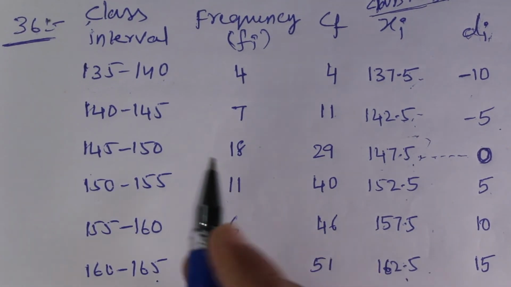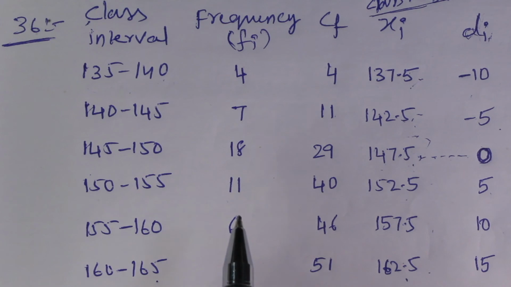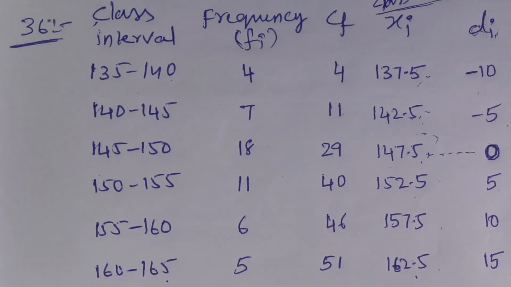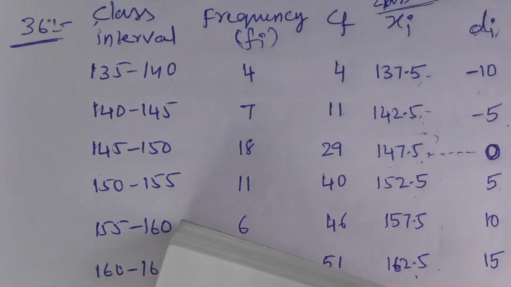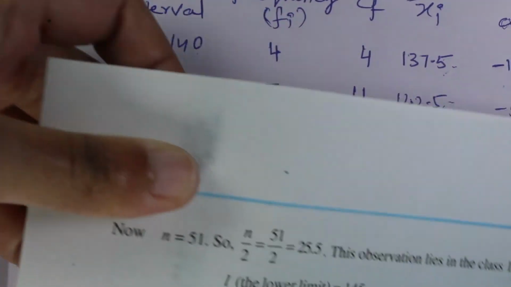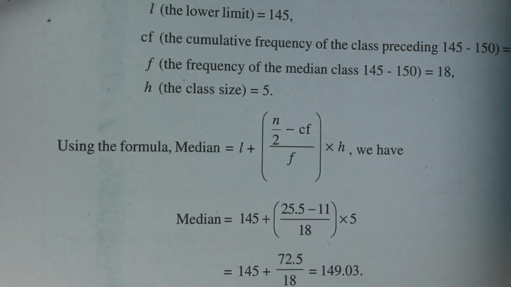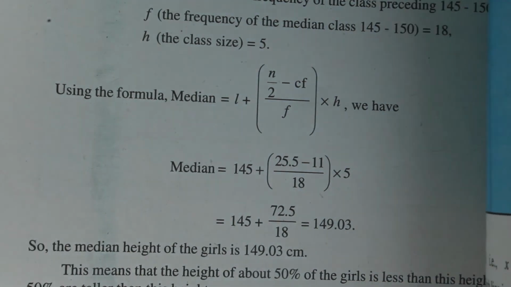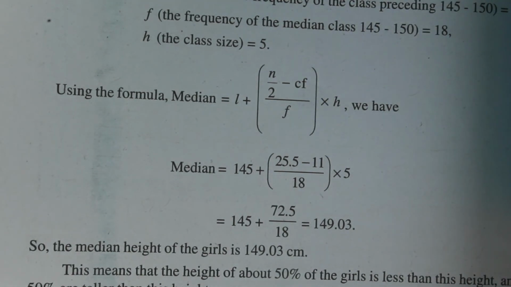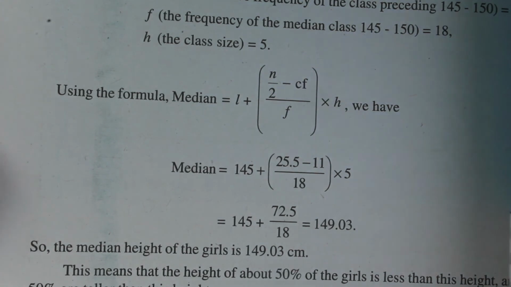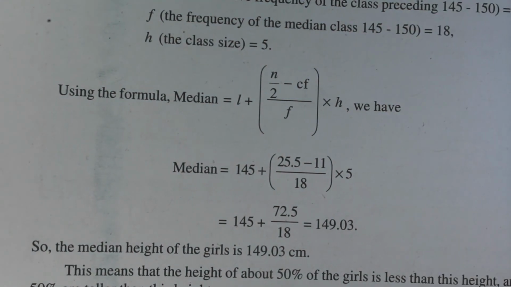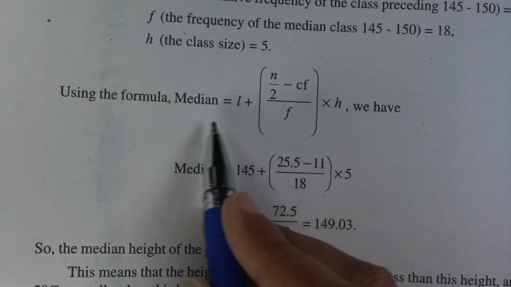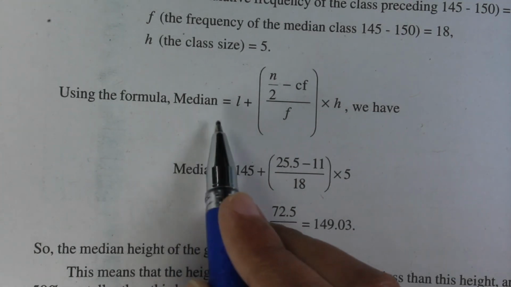Now the formula for calculating the median is L plus ((n by 2 minus Cf) divided by F) into H. Here you can see, right, median.